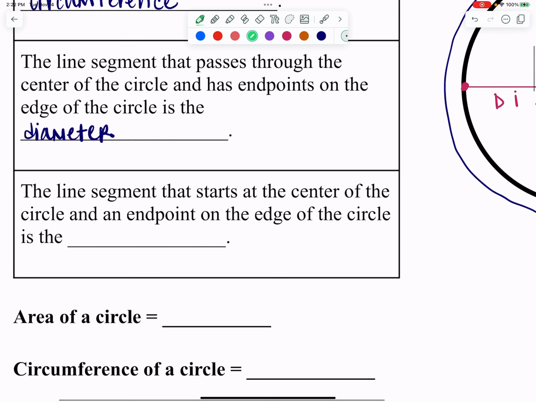So the segment that starts at the center and has an endpoint on the edge of the circle is the radius. And it just so happens that 2 times the radius equals the diameter.